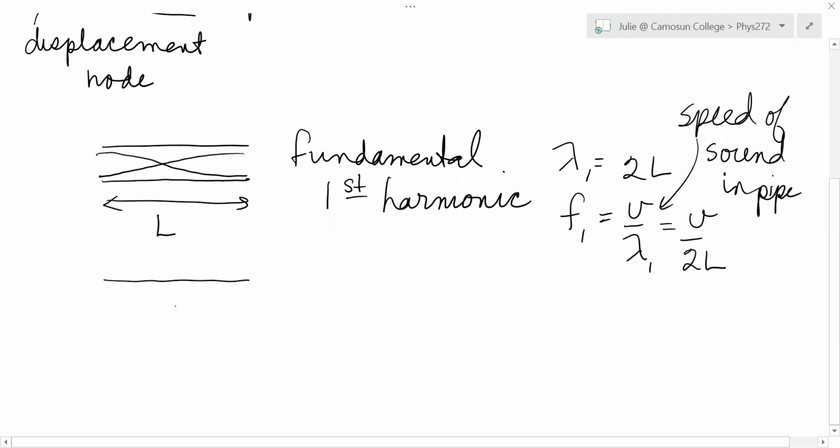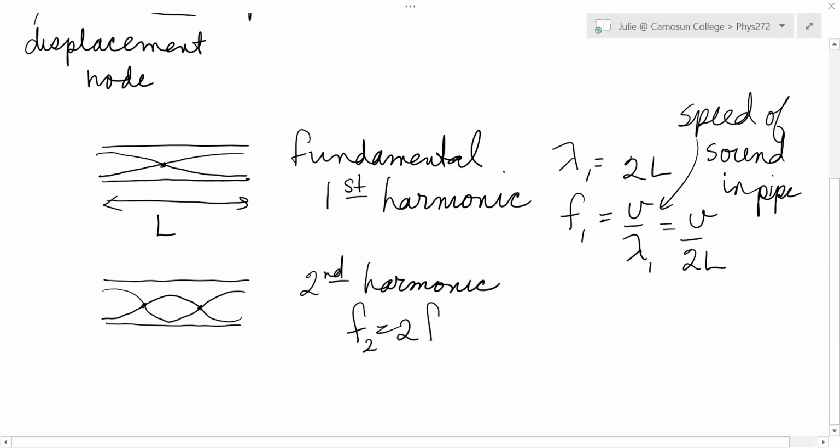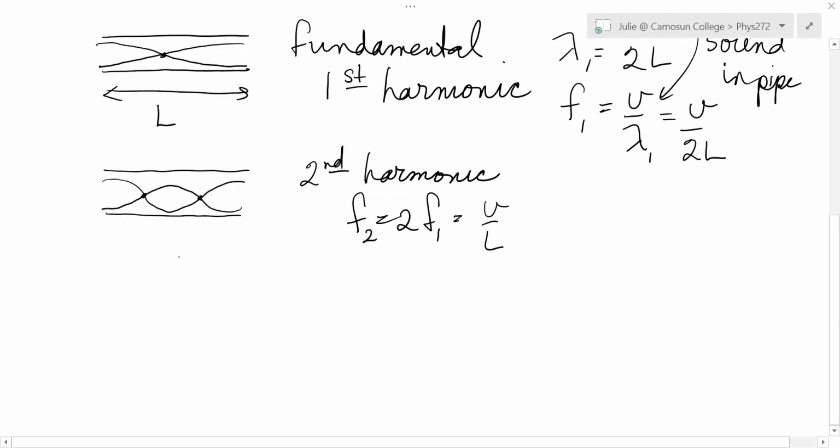The next harmonic, you just keep adding nodes. So the first one has one displacement node, the second one has two displacement nodes, and they just fill in the wave. And so the second harmonic, which is f2, is twice f1, and so it would be v over L. And this carries on so that you get the basic relationship: the nth harmonic is nv over 2L.